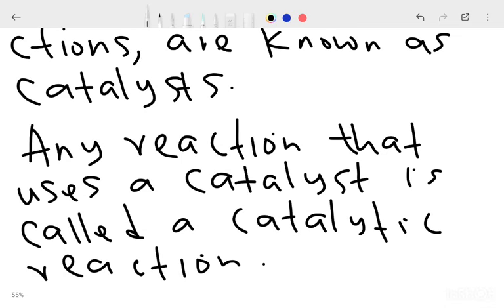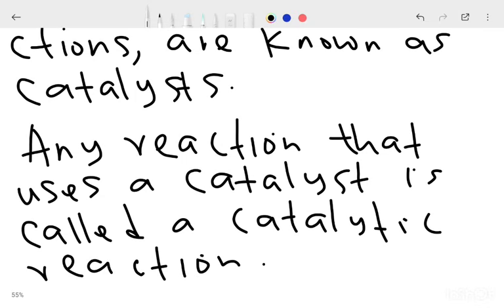Now take note. I've told you before, it's not all reactions that must use a catalyst. Whenever someone is using a catalyst for a particular reaction, it means that reaction is very slow. There are fast chemical reactions that do not need a catalyst.